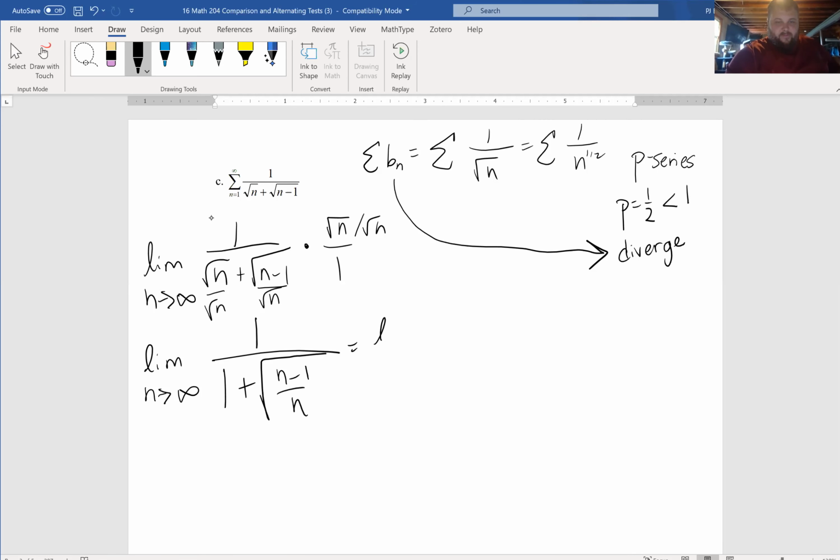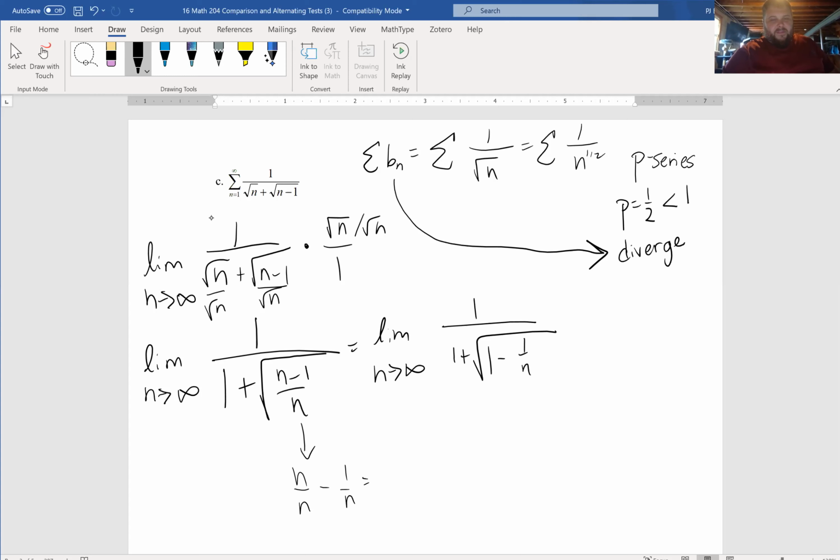And then I'm going to rewrite that radical. So this is n over n minus 1 over n, or 1 minus 1 over n.